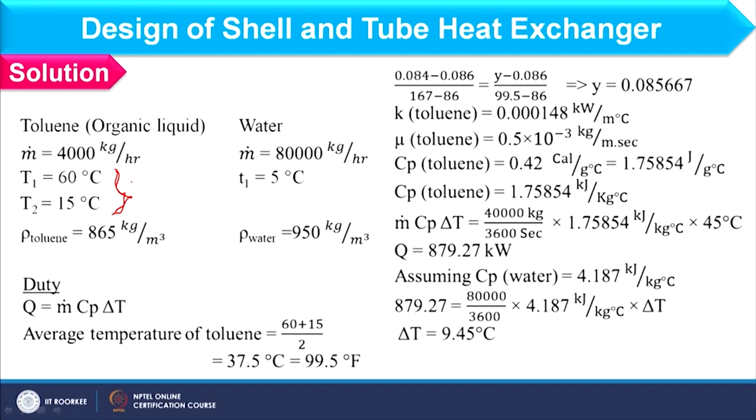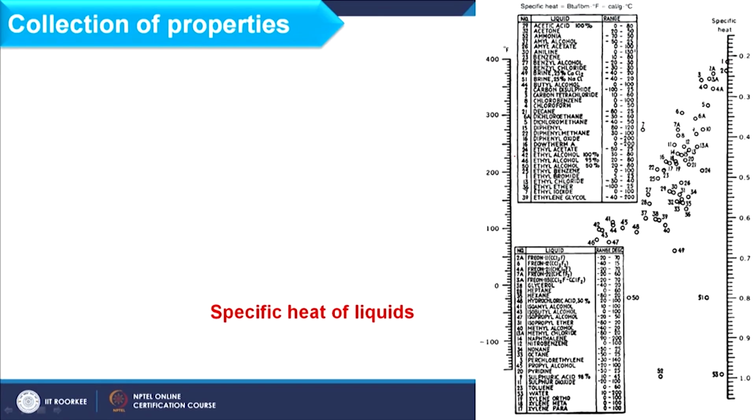So, at average temperature you can find out the Cp value or specific heat of toluene, which is coming as 0.42. This you can find out from this graph only. Here you can find toluene at this point, which again consists the same number as of benzene. So, you can simply find out that Cp value based on the average temperature of toluene.